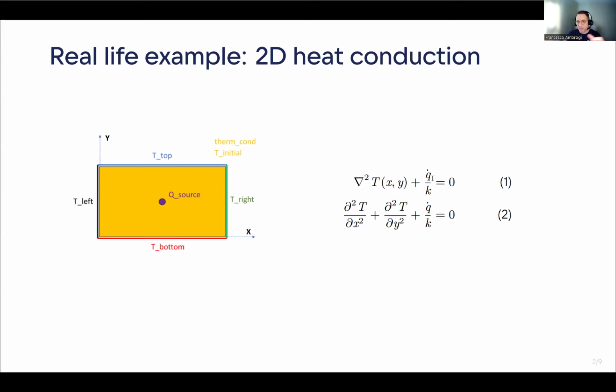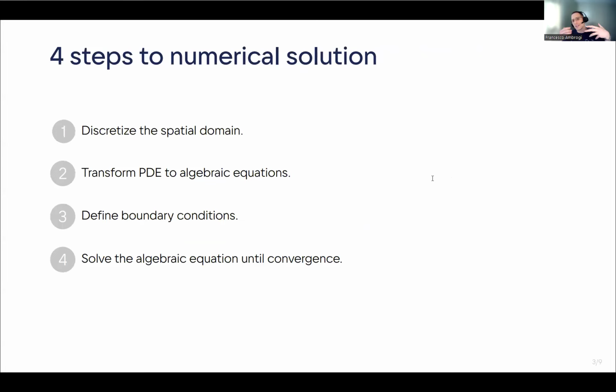Now, when you write this in components and you decompose the Laplacian operator, it becomes equation 2, which is the one that we need to basically solve. And so to solve an equation, and this will be no different if you're solving the Navier-Stokes equation for fluid flows, you need to follow a 4 step process to the numerical solution, where step 1 is basically the discretization of the spatial domain.